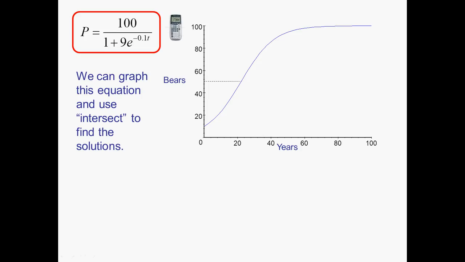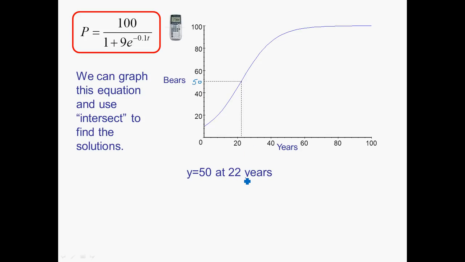And then they asked me to find things like, in the original problem, I can graph in Y2. They asked me about 50 bears. When will there be 50 bears in the park? And it's rounding to the nearest year.